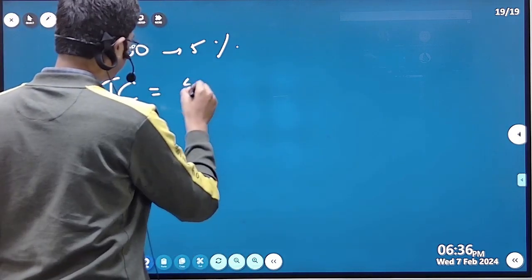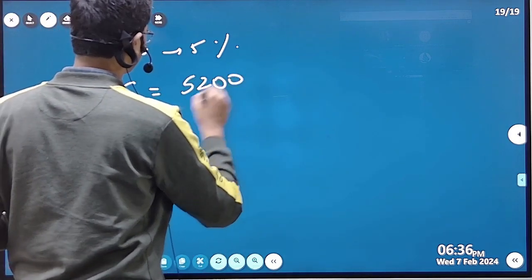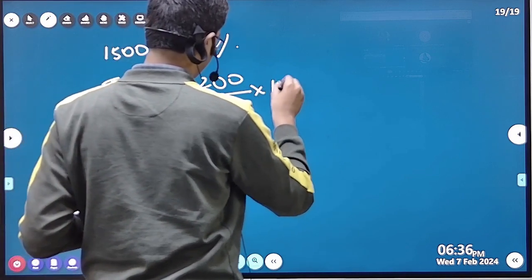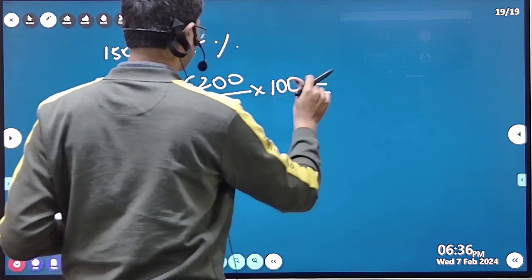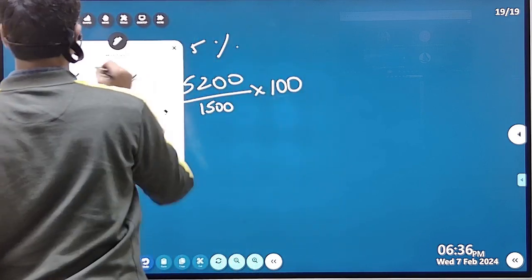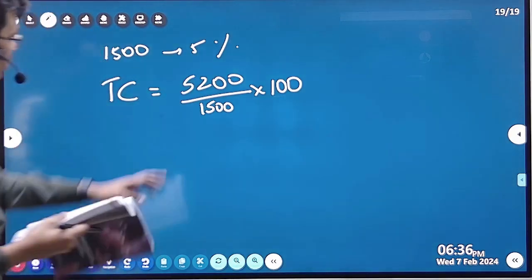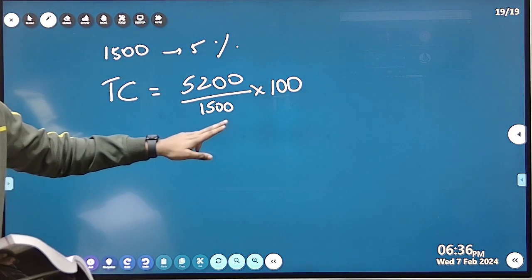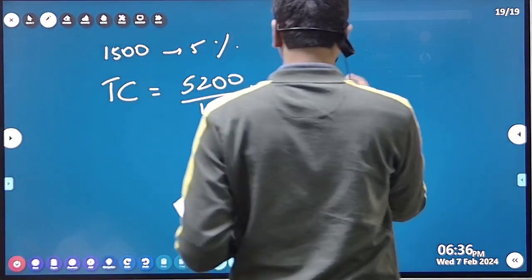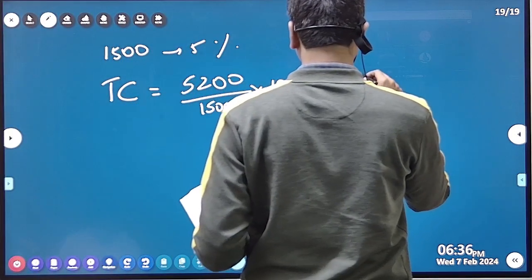Your annual demand is 5200 divided by 1500 into 100. So here there's no change in your order cost. So your annual demand, and per order you're taking 1500 instead of EOQ, into 100, plus this will be 26 lakh.